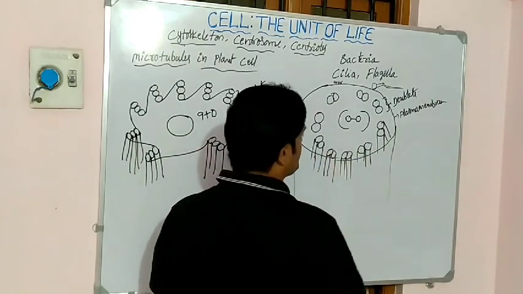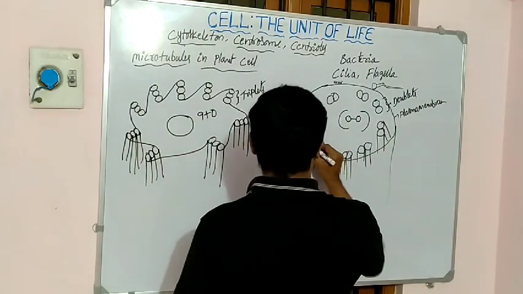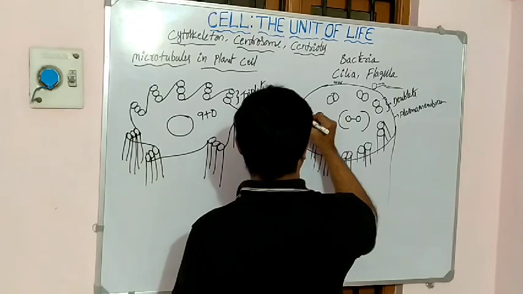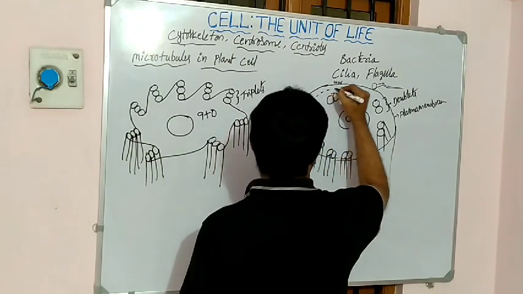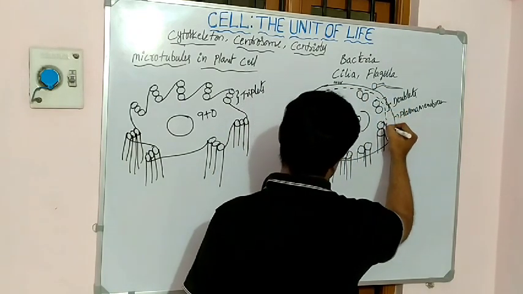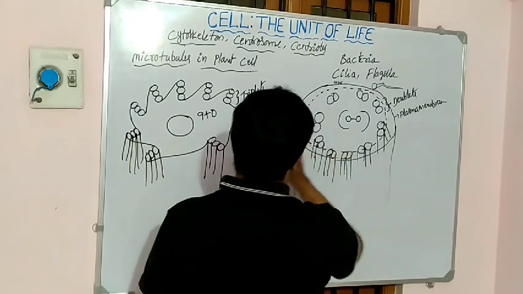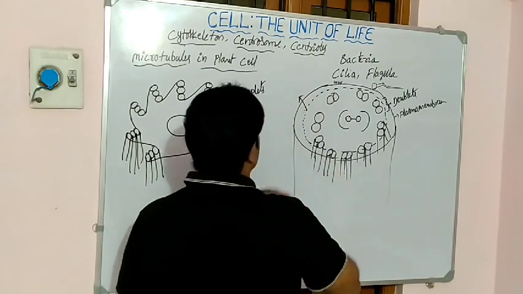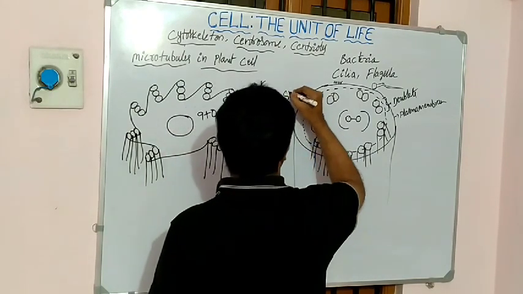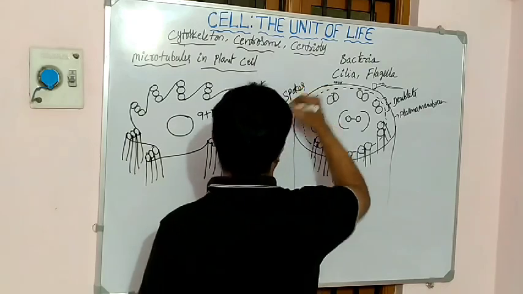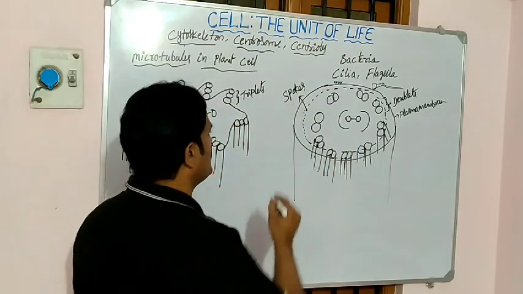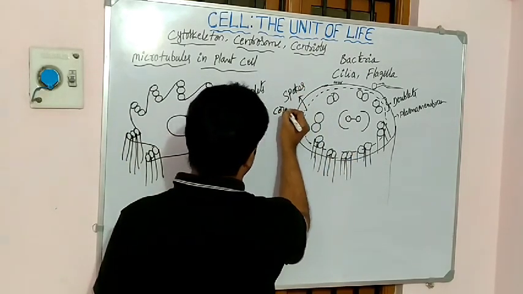And inside the plasma membrane, one core is present here. It also looks like one layer. So this core is called spoke or spokes. It looks like a core.